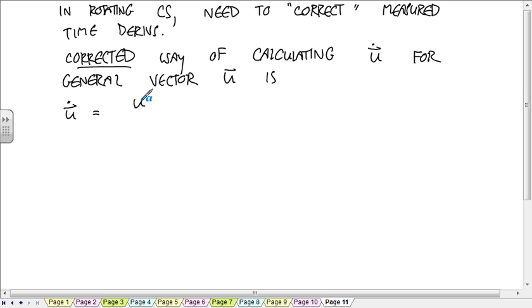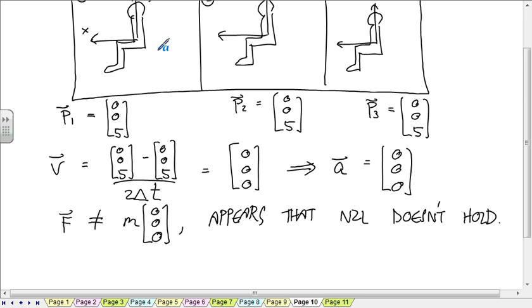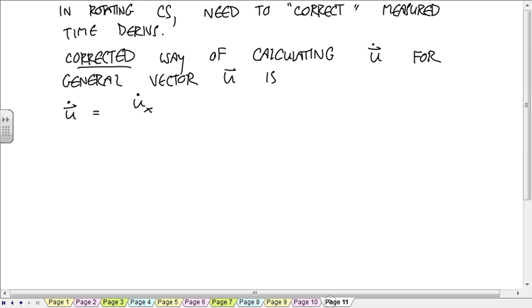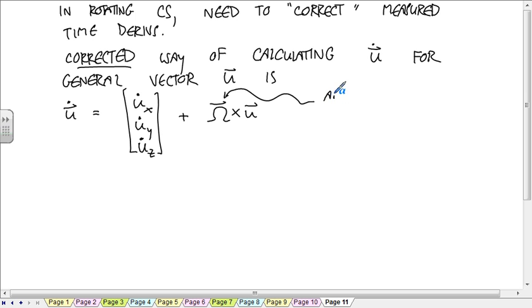the apparent time derivative in the rotating coordinate system. So that's where you just take the time derivatives of the components, like I did in this case. Ux dot, uy dot, uz dot, plus capital Omega crossed with the u vector, where this capital Omega is the angular velocity of the coordinate system.